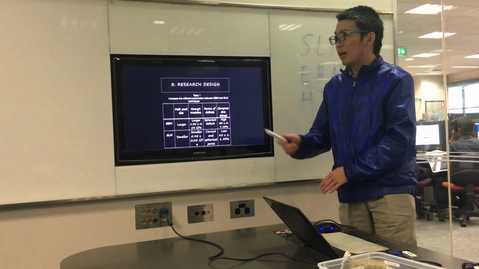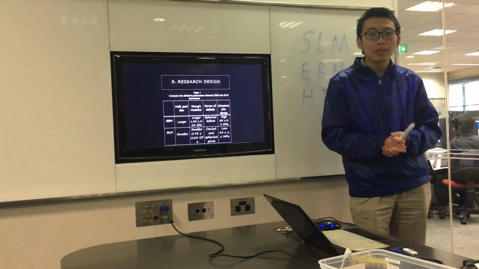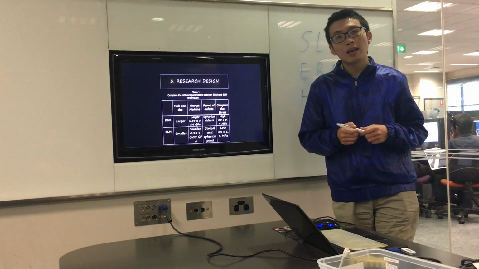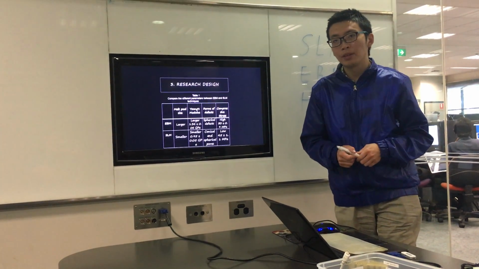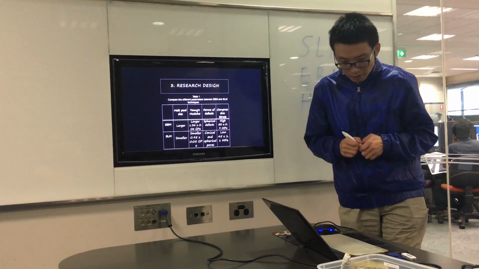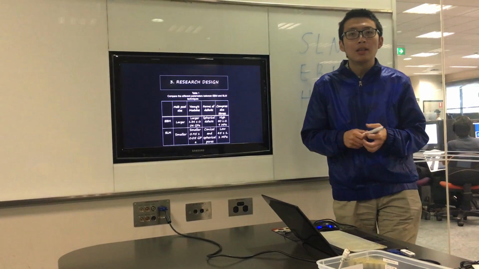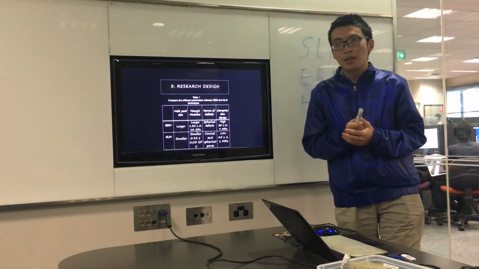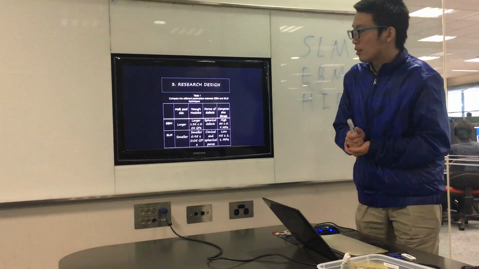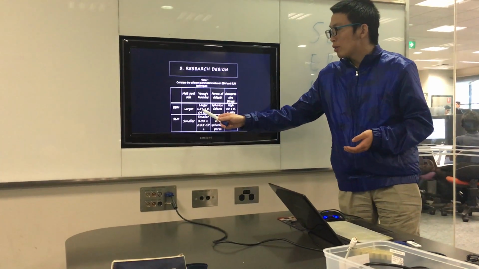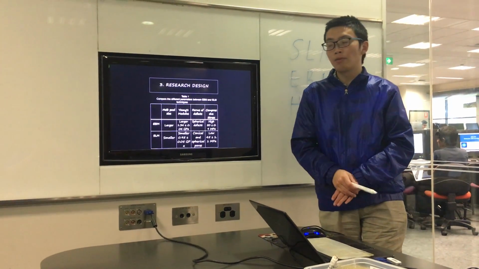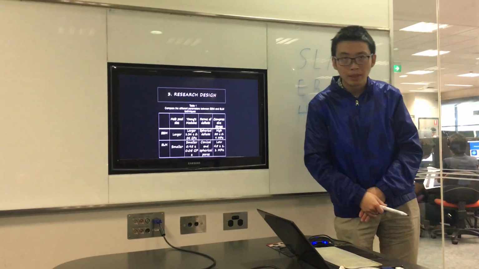From Table 1 we can see the melt pool size in EBM process is larger than SLM process. The Young's modulus in EBM process is also larger than SLM process. In EBM process, it ranges 1.34 plus or minus 0.04 GPa.